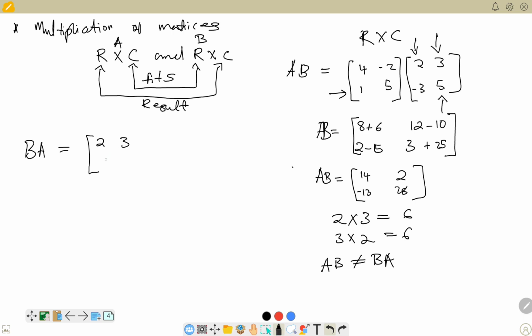It's going to be 2, 3, minus 3, 5, then we have 4, minus 2, 1, 5. So we do the same thing. We start with the first row and multiply the first column.